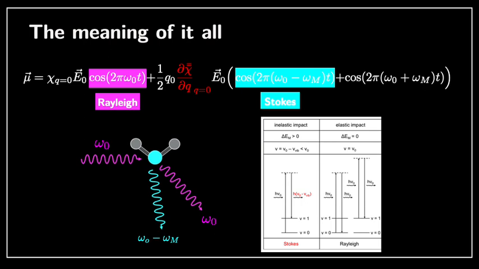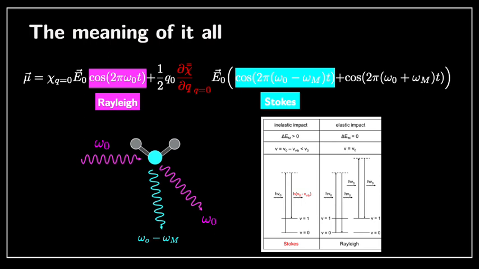So in other words, during the radiative relaxation, you have the emission of light at frequency omega naught minus omega m. I'm sorry, the labels here are not the same, but nu 0 minus nu vib corresponds to omega 0 minus omega m on the screen. But the point is, it leaves the material in an excited state of vibration. So basically, the material is now vibrating at frequency omega m.